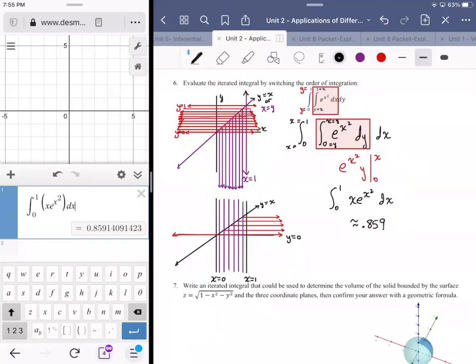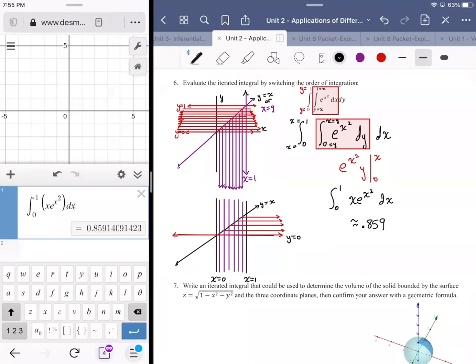All right. So again, it's that weird interaction between the two sets of bounds. Yeah, you're going from y equals x to, well, it was really from y to 1. We're thinking of that as x equals y to x equals 1. You want to think about what that means visually, right?